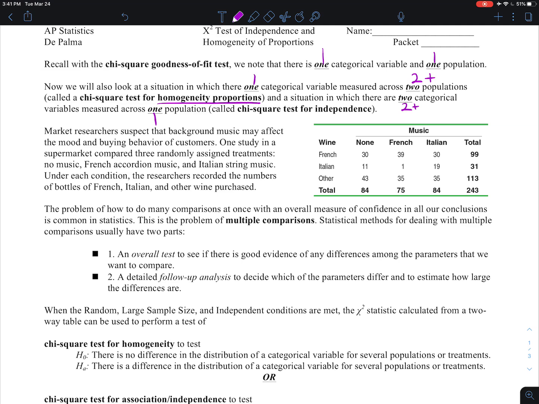So those are the two things we need to consider, and that's how you can distinguish goodness of fit from homogeneity of proportions from independence, is how many populations are we considering versus how many categorical variables am I interested in?